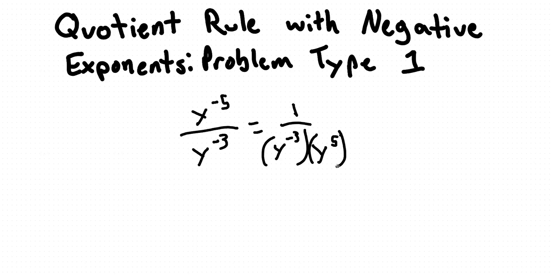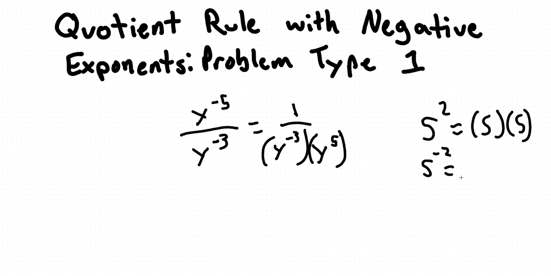So we know 5 to the second means 5 times 5. So 5 to the negative 2 means the exact opposite. Well, what is the opposite of 5 times 5?